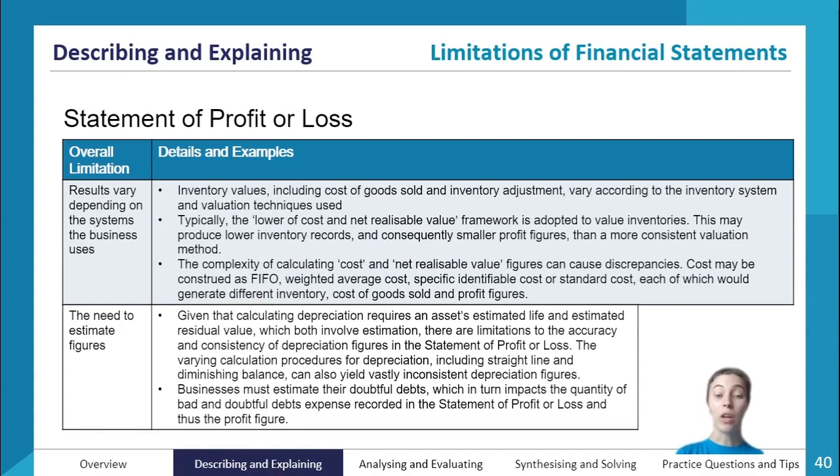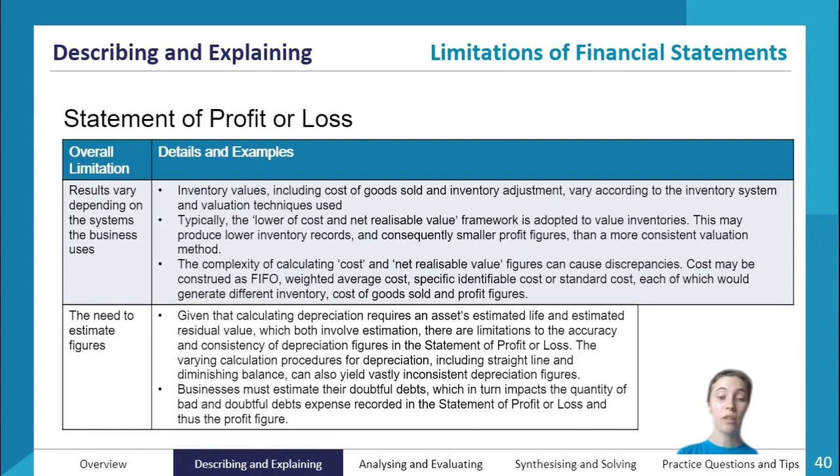It's also pretty complex to calculate cost and net realizable value. So this can then cause discrepancies. Cost can be construed in a few different ways. You've got the first in, first out, or FIFO.